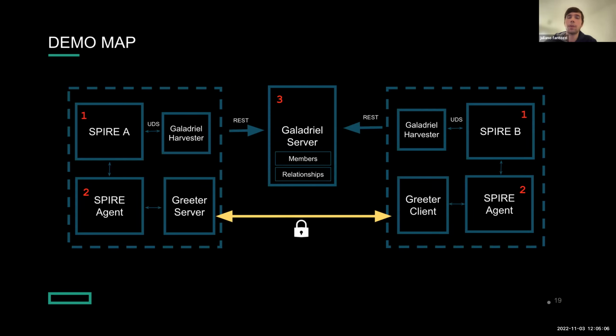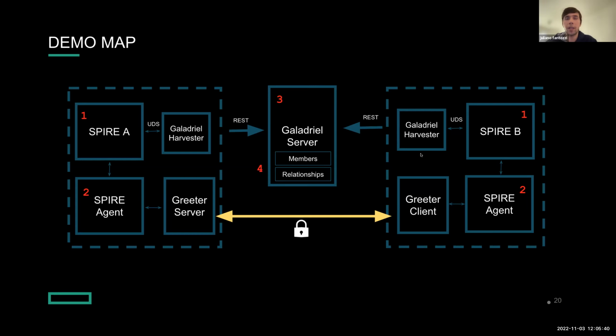Now, the fourth step is where we start playing with GALADRIEL. We're going to be defining the members, which can be thought of as registering the workloads for SPIRE. So here we're registering harvesters in the GALADRIEL server. In the POC we're using a similar mechanism of token generation, but very simple stuff to authenticate.